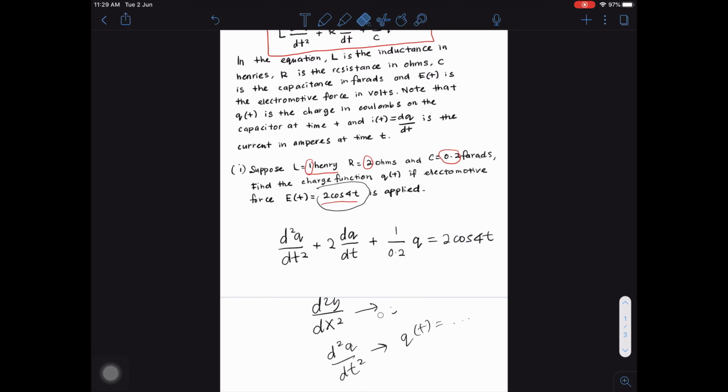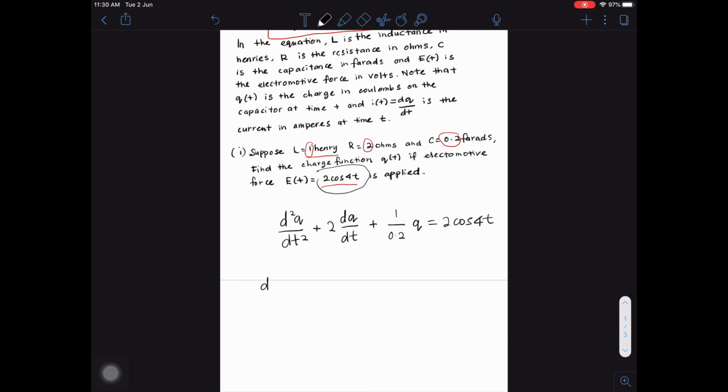We can use either undetermined coefficients or variation of parameters to solve this non-homogeneous second order differential equation, but let's solve the homogeneous part first. I can write this differential equation as d square q dt square plus 2 dq over dt plus 1 over 0.2, which you can find in the calculator, so 5q, equal to 0 because we want this to be homogeneous.